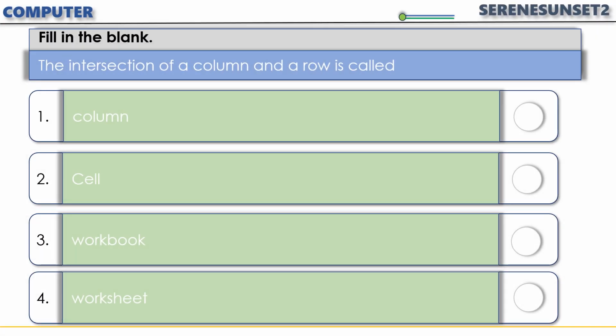Fill in the blanks using the following options. The intersection of a column and a row is called options: A, column, B, cell, C, workbook, and D, worksheet. Answer: option B, cell.